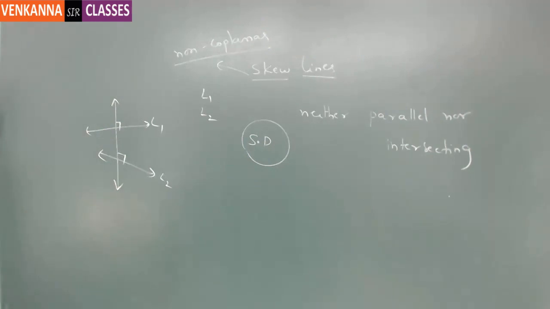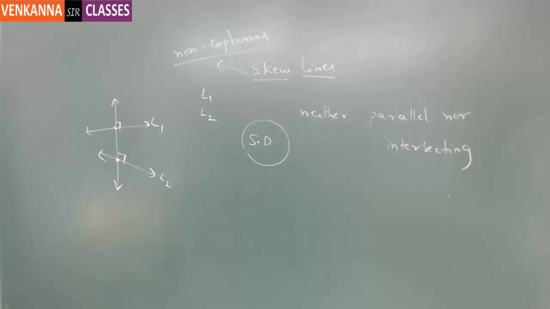So in space, it is possible to draw exactly one line which intersects the two given lines at right angles. So obviously you will have the points of intersection. The distance between these 2 points, we call it the shortest distance between the given lines.